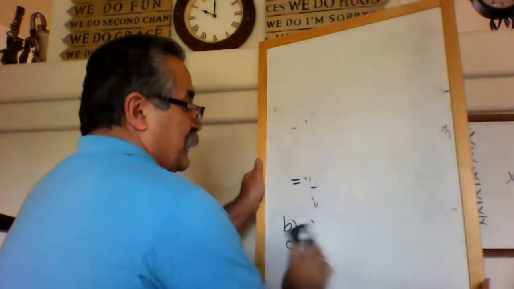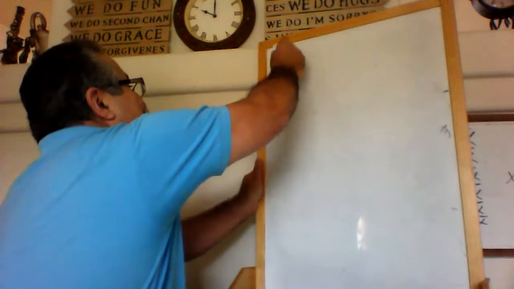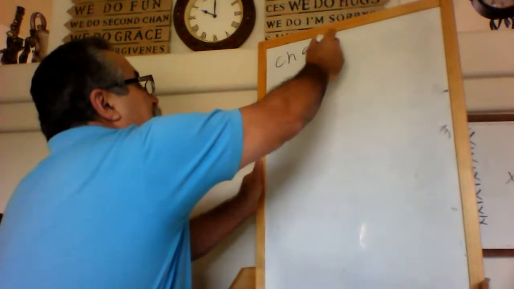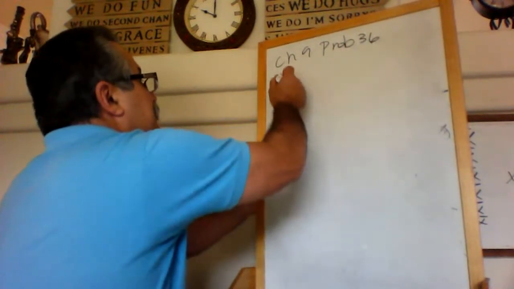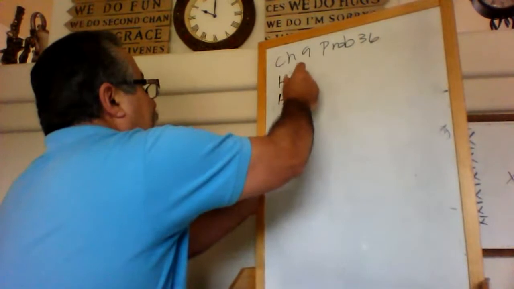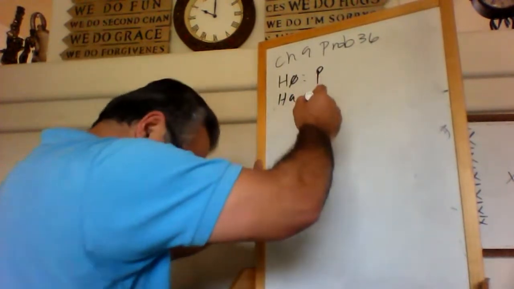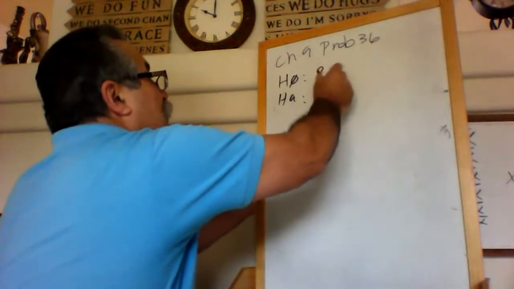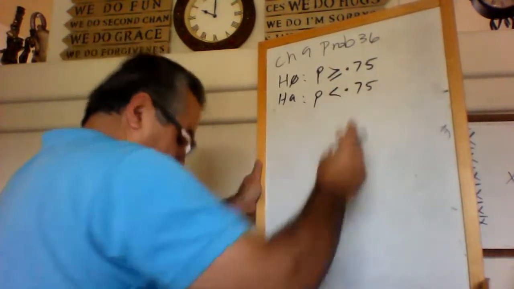H0: p is greater than or equal to 0.75. HA: p is less than 0.75.